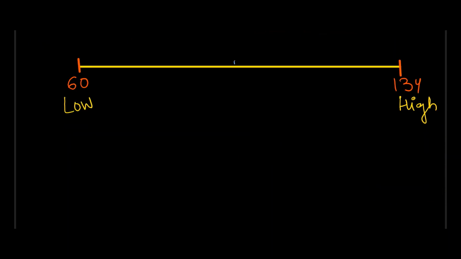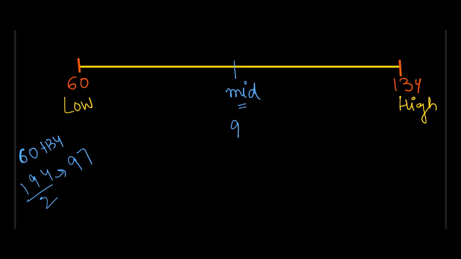And here I'll be calculating mid of 60 and 134, which will be 194 divided by 2. 2 nines are 18, 2 sevens are 14, equal to 97. Now I'll be calculating for F(97).